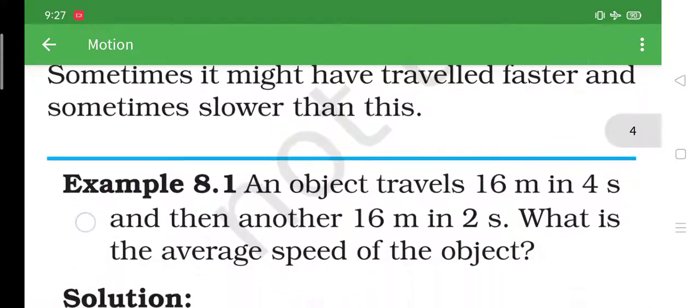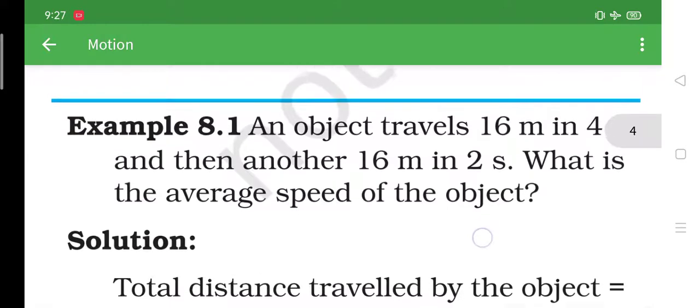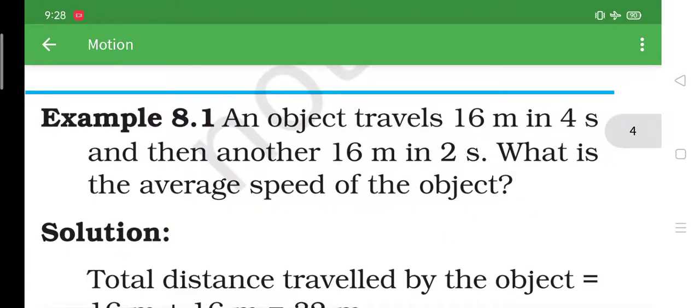Let's just see one more example. An object travels 16 meters in 4 seconds, then another 16 meters in 2 seconds. What is the average speed? Now here you yourself think, okay, object travels 16 meters in 4 seconds, 16 meters in 2 seconds. હવે total કેટલું distance થયું? 16 plus 16, it is 32, correct?